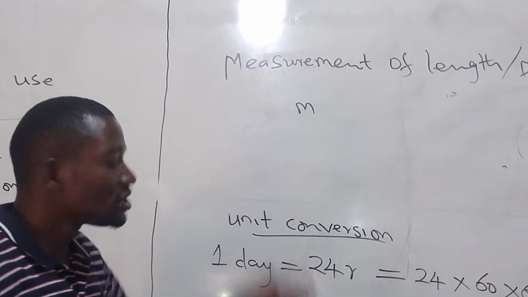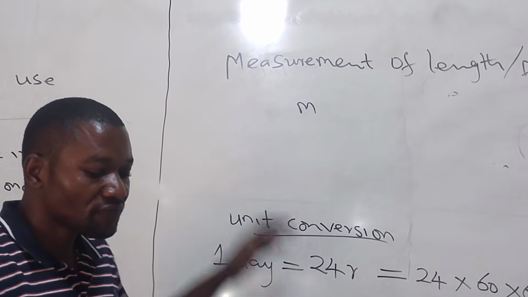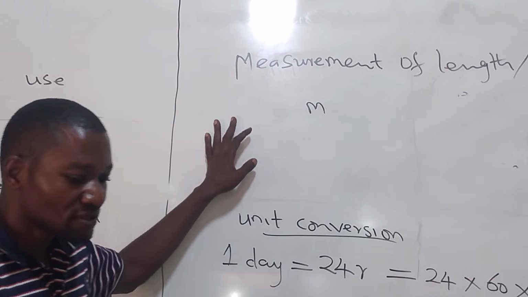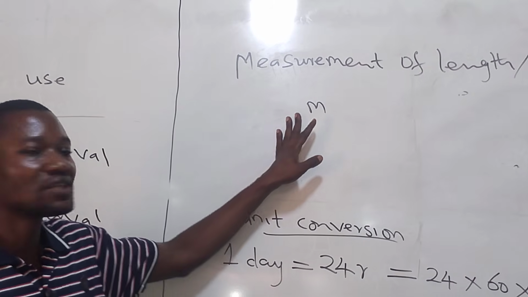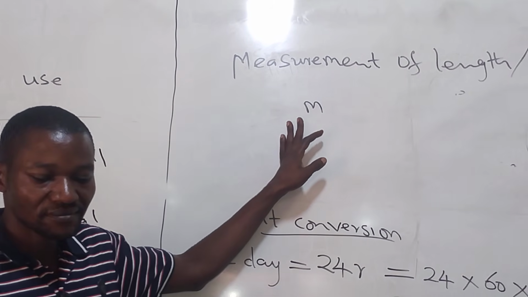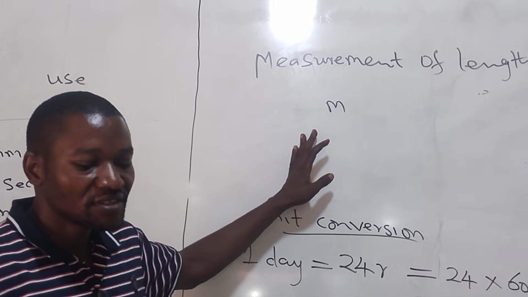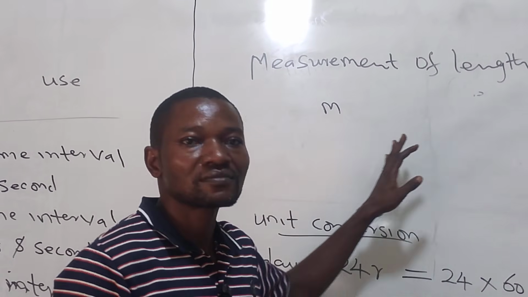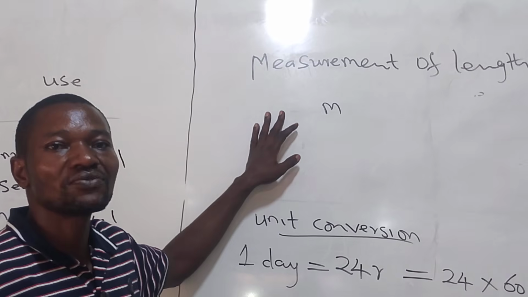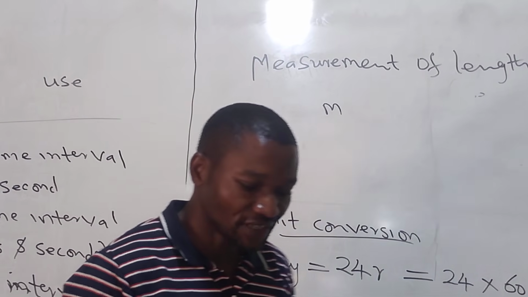And in measurement, one of the fundamental things that determines accuracy of measurement is what we call precision. And what is precision? It is the smallest division observed on the scale of any measuring device.